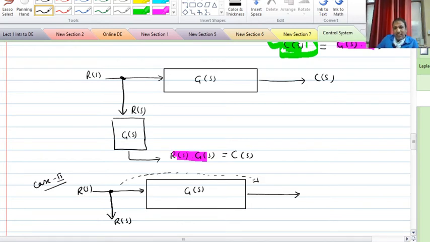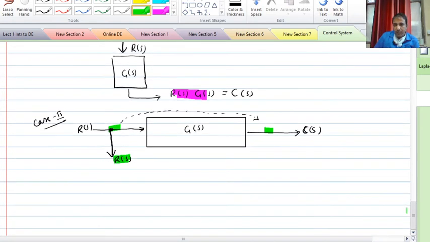Now again the condition will remain same, that the output of this takeoff block should not change when we move it from this position to this position. Then in that case, what arrangements are needed?